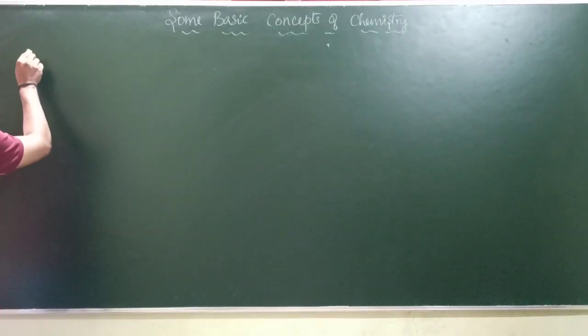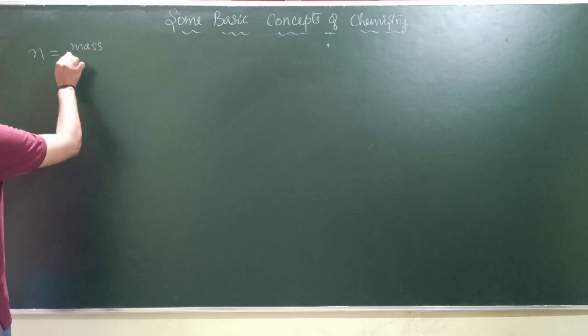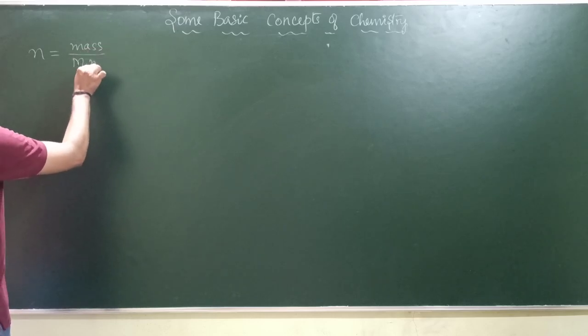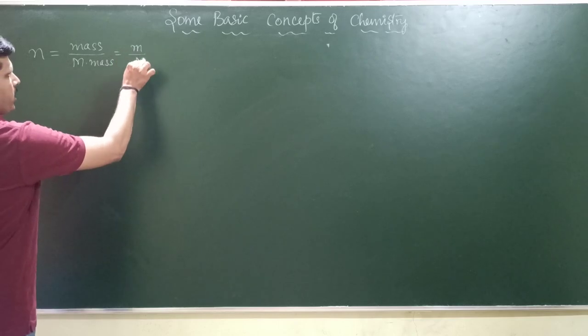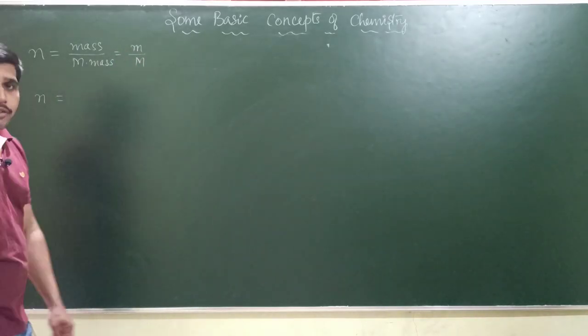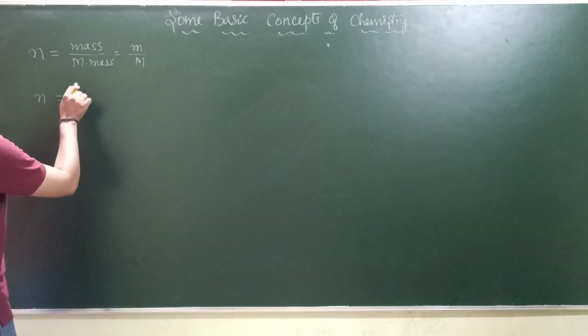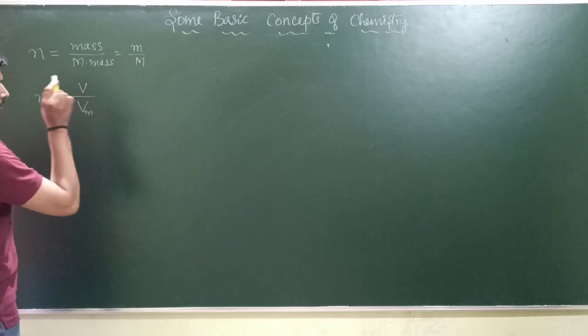I just want to let you know the formula which we took down in the last class: number of moles n is equal to mass divided by molar mass, so we write it as m by M. Number of moles can also be calculated, if it is a gaseous mixture, by taking the given volume divided by the molar volume.